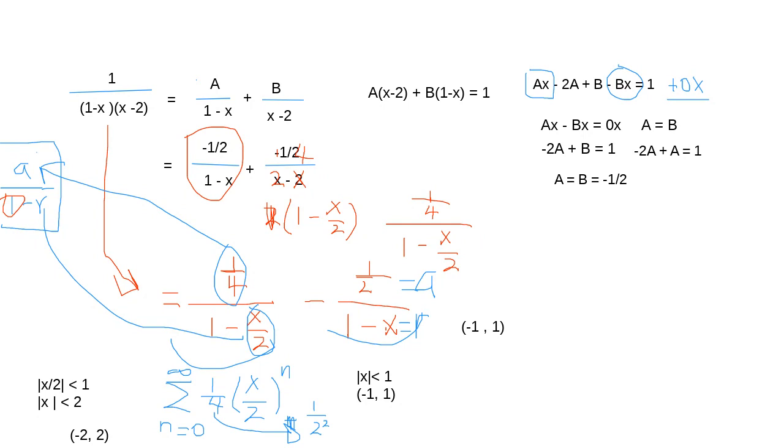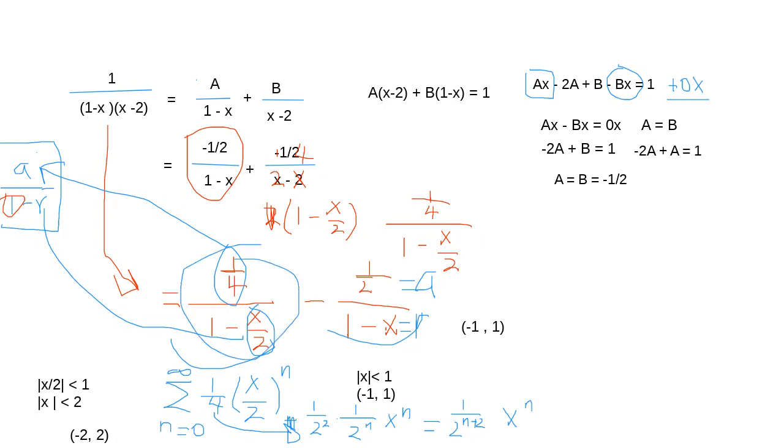And x divided by 2 raised to n, we're going to write as 1 over 2 raised to n, then x raised to n. We have 1 over 2 squared times 1 over 2 raised to n, and of course that's 1 over 2 raised to n plus 2, times x raised to n.